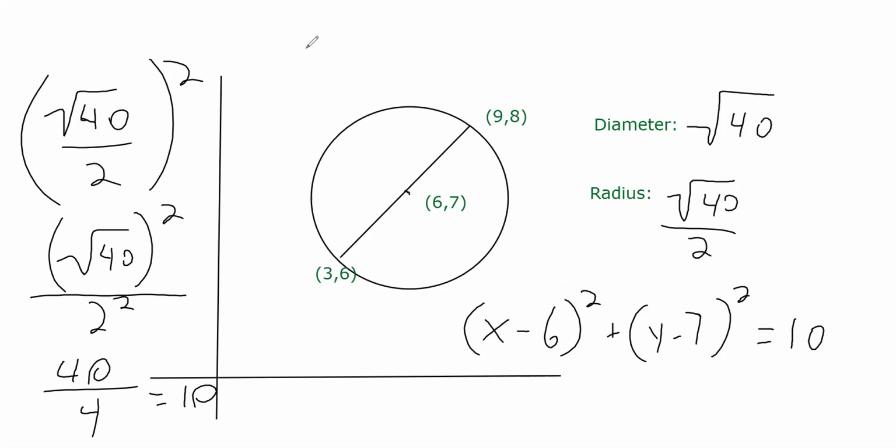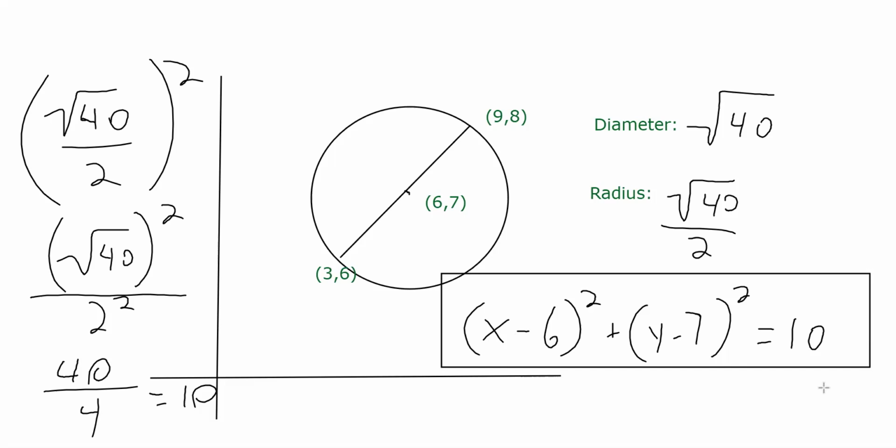And now this looks just the way we'd want it. That looks just like the equation of a circle. The radius is square root of 40 over 2, which apparently can also be written as square root of 10, because we would take the square root of this number. How about that? Does that make sense, my friends out there in the Zoomosphere?